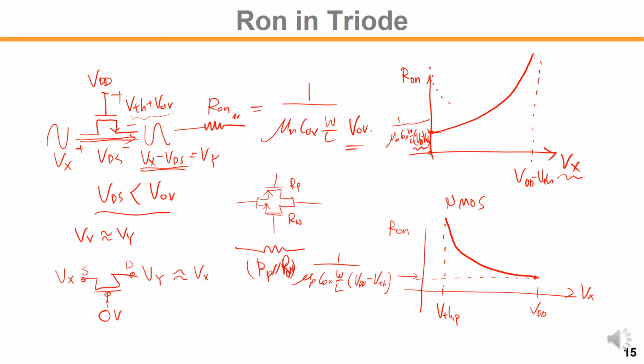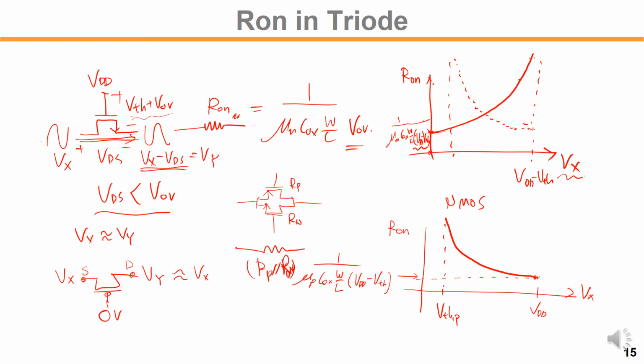If we draw that characteristic overlapping the resistance characteristic here, then the PMOS resistance will be like this, right? If you make it parallel, then the overall resistance will be like that. This kind of curve you may expect. Between this and that, the lower one will dominate, so the actual resistance we may see is like this, right?